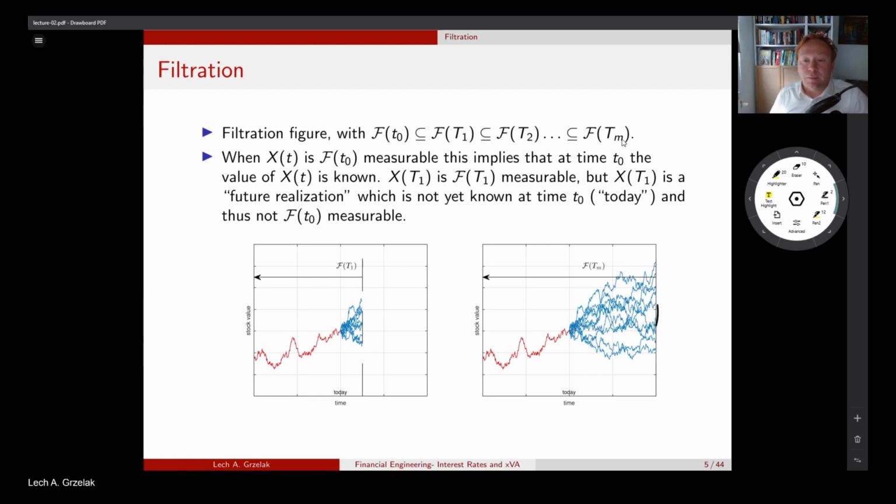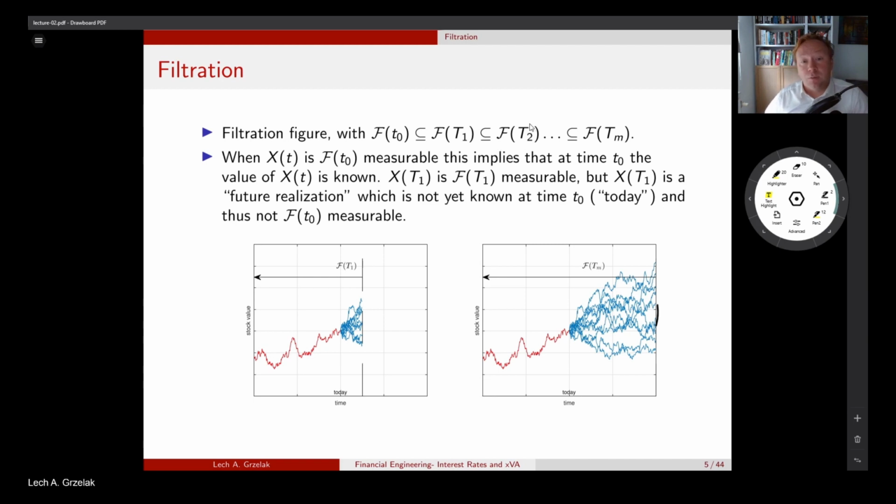So the bigger the filtration, the further in time, it tells you how much knowledge you have. It means that the filtration today will always be smaller than if we traveled in time to tomorrow, and smaller still than if we traveled a year ahead.